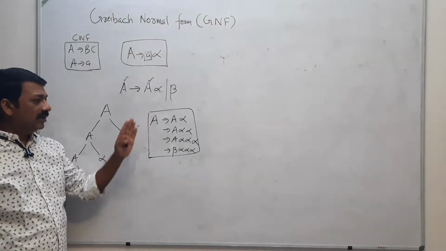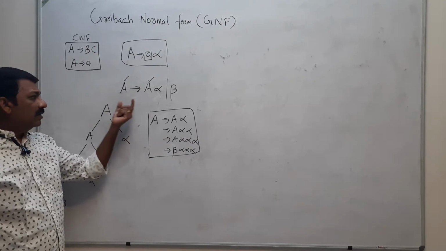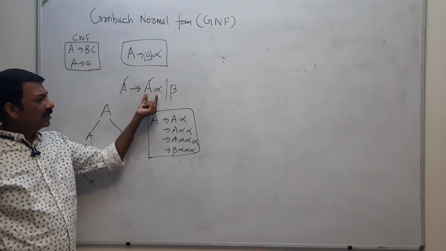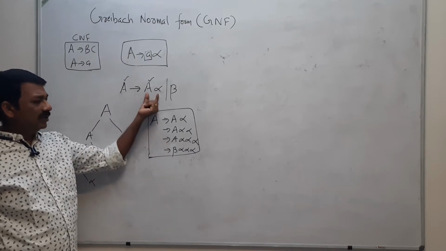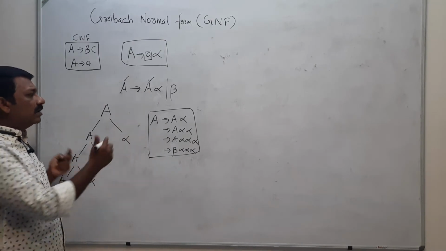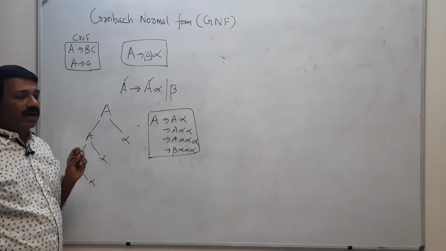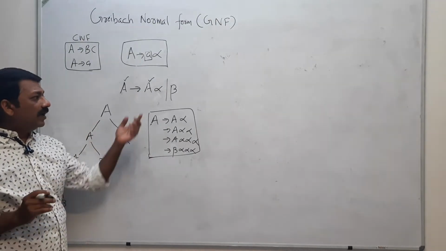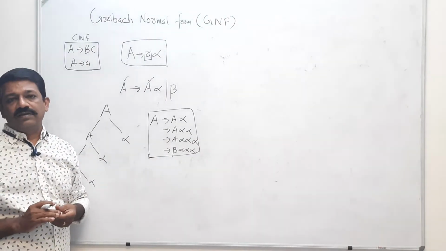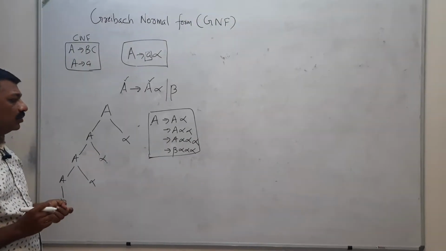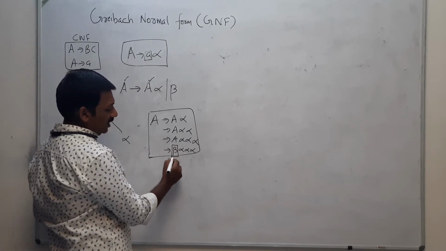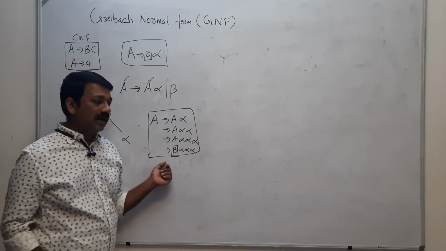Suppose that when you are generating a yield for this, A derives A alpha, you keep on substituting this A with A alpha, and at the point where you are replacing this A with beta, then that is terminated. So anyway, we know that the first string on the right hand side is beta.